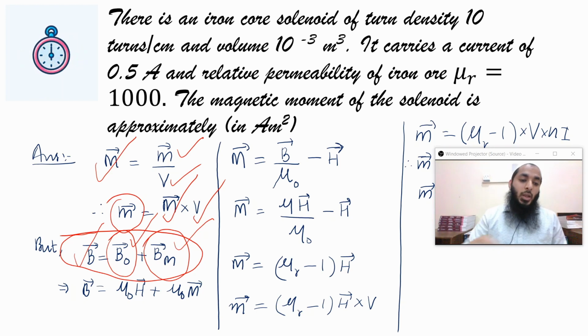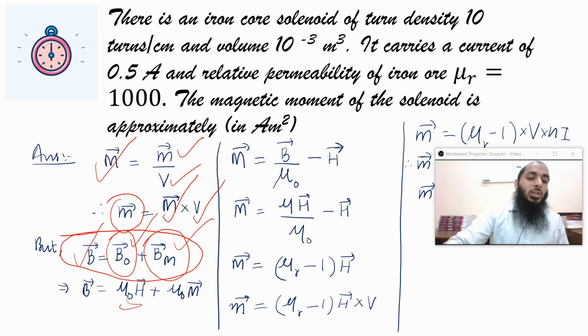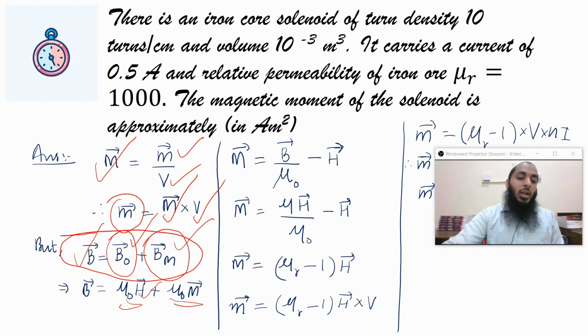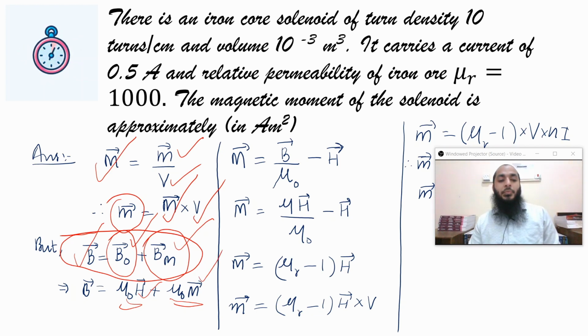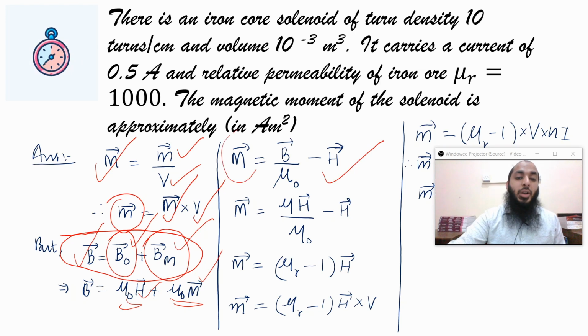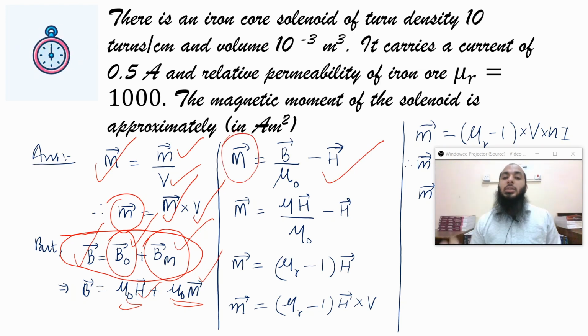So B is equal to mu naught H plus mu naught M. This is the magnetizing intensity, and this is the intensity of magnetization. If I want to find M, I will rearrange so that M is separated. Now M is equal to B divided by mu naught minus H.